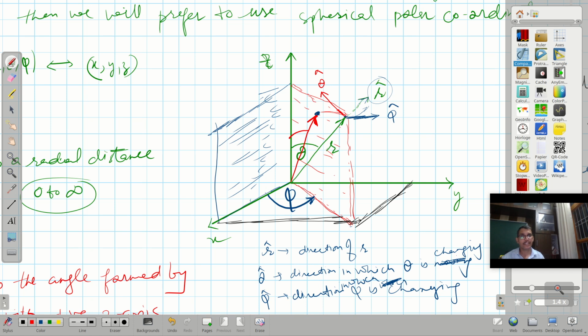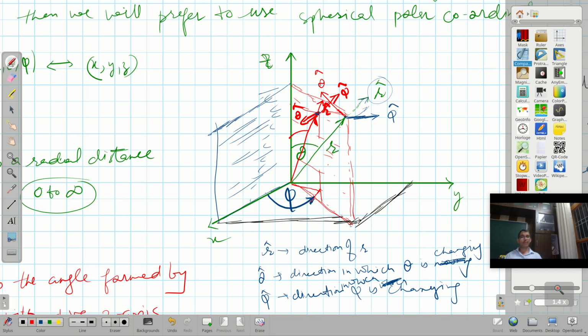At this point r cap is along this direction, and theta cap is like this, and phi is also changing. So now this plane has changed. Phi changes from here to here. So at this point it goes like this, so phi cap is along this direction.